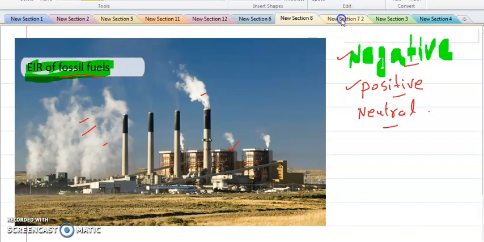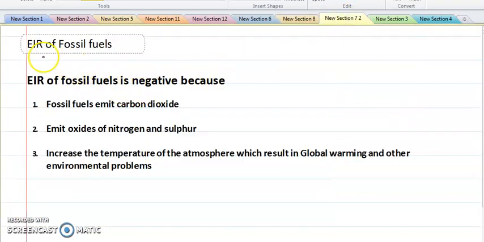So let's have a look at the reasons. Here is the complete description. You can see the EIR of the fossil fuels is negative, and here we have the reasons for the negative EIR of the fossil fuels. The first reason is fossil fuels emit carbon dioxide. As I mentioned, and in the previous lesson also we discussed, fossil fuels emit carbon dioxide.